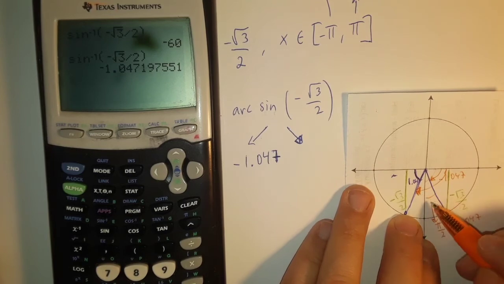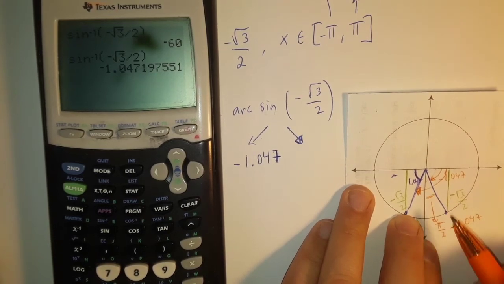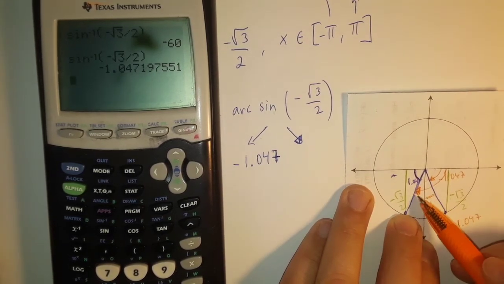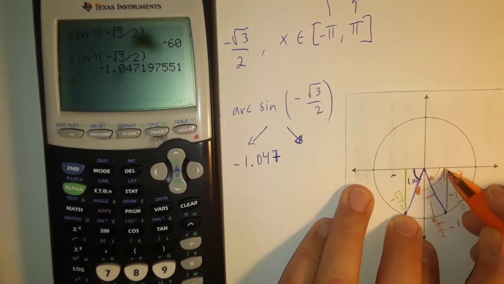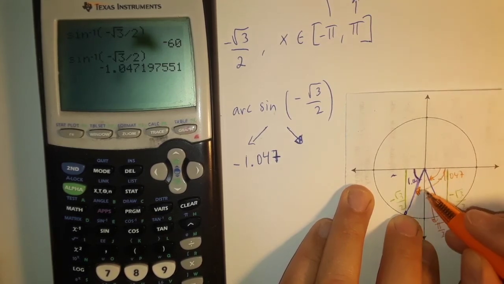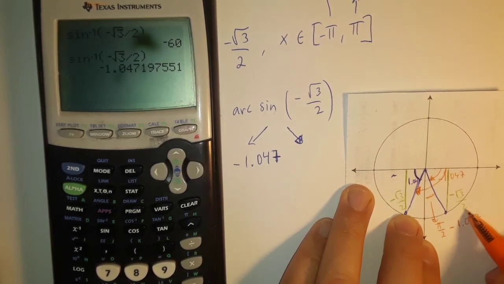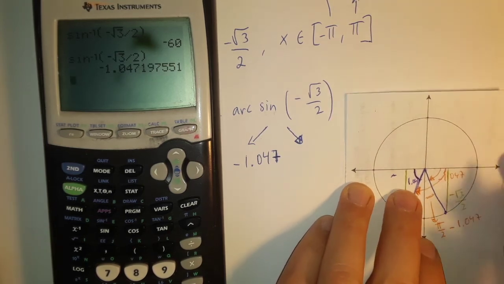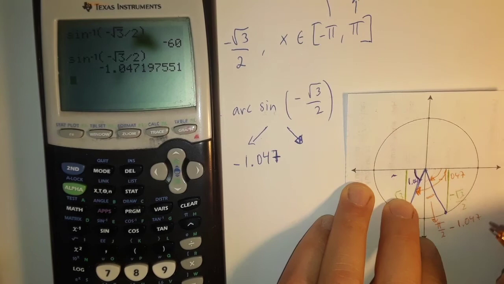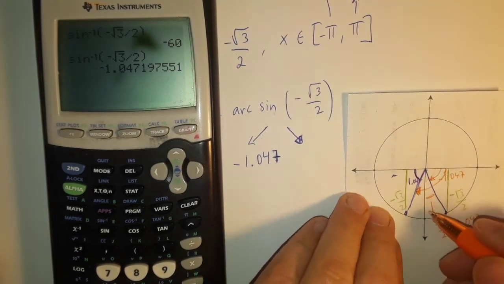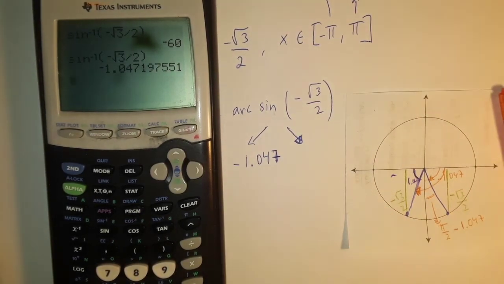So now this one must be pi over 2 plus all this angle here. Am I saying it right? Let's do this one first.